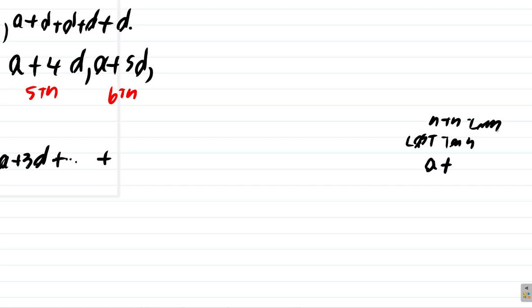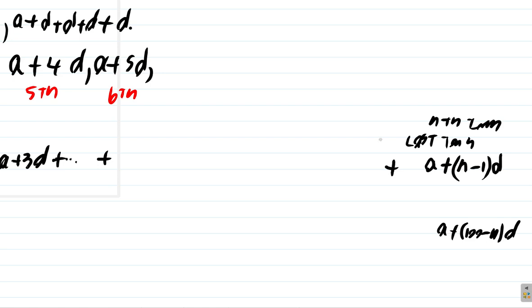If you were adding 1,000 terms, the last term would be A plus 1,000 minus 1D. So you're adding n terms. The last term would be A plus n minus 1D. Alright. Just like how you'd have A plus 100 minus 1D for the 100th term.